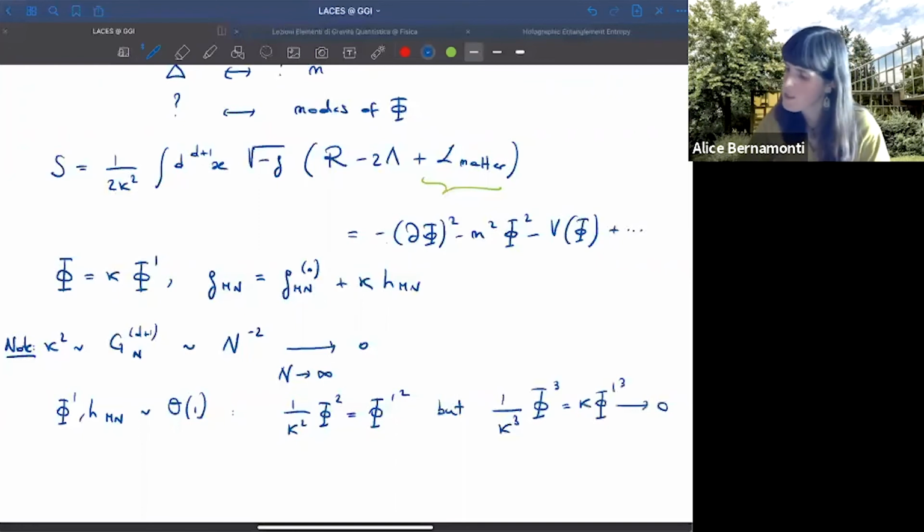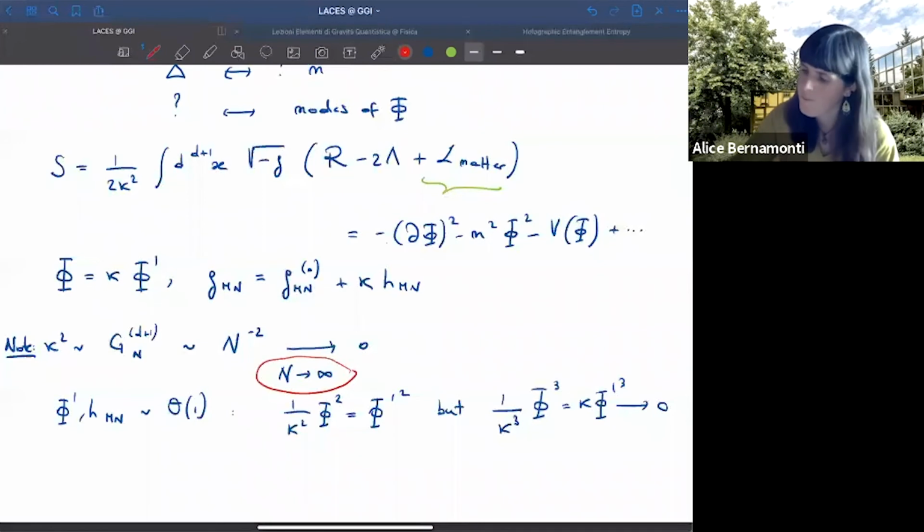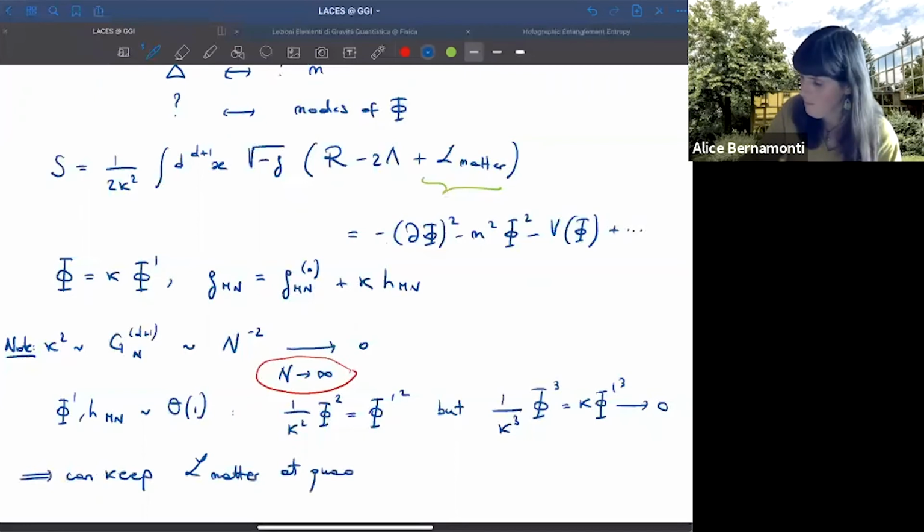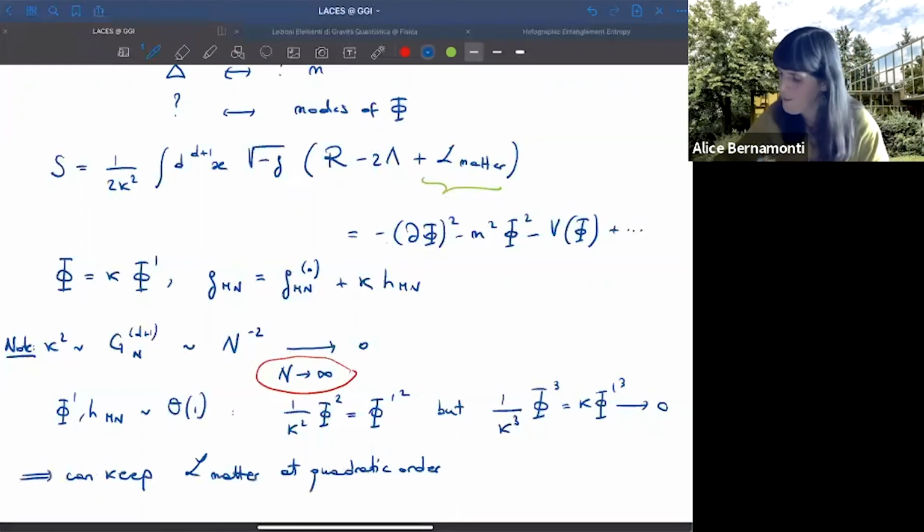So essentially, this is just to say that at leading order in this large N expansion, we can just work with a quadratic action for L matter, which is a free theory in AdS. And this is actually enough for all considerations that we need to make now.